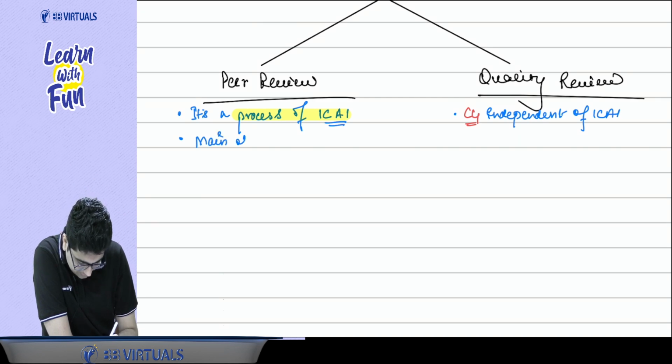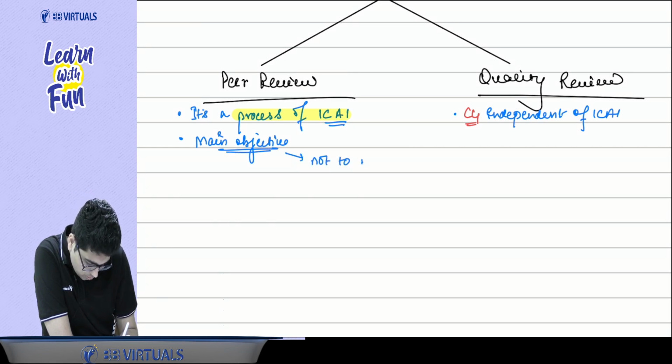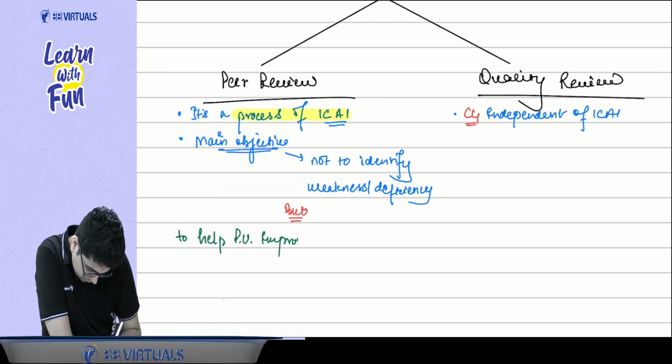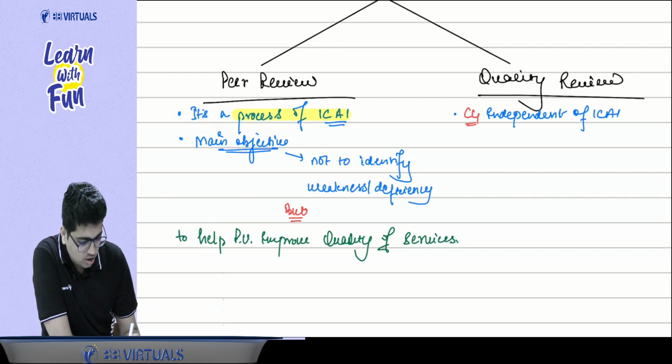So the main objective of doing a peer review is not to identify any weakness, you can write with me, okay, or deficiency, but to help the practicing unit improve the quality of services.